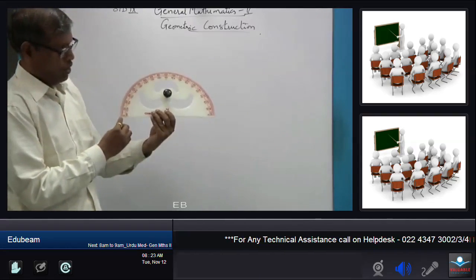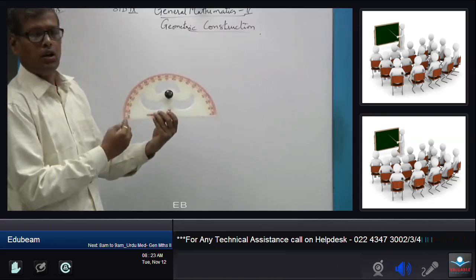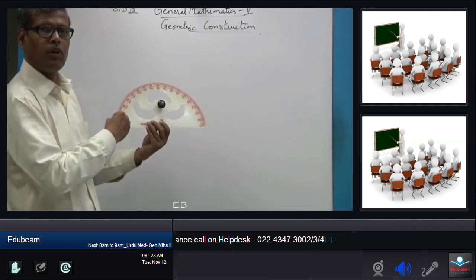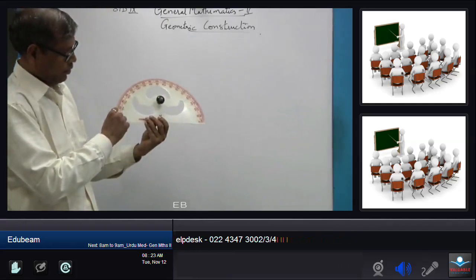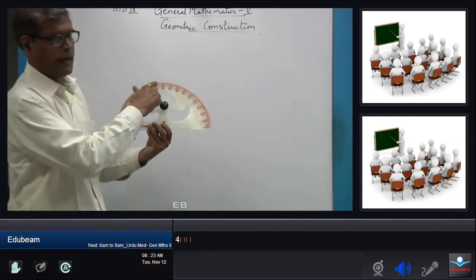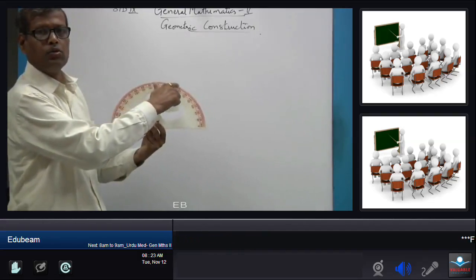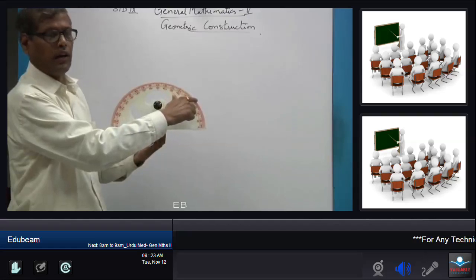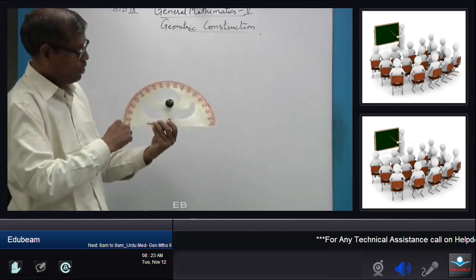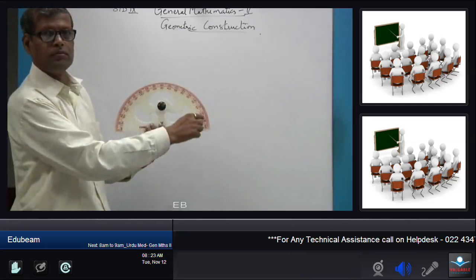On the right, you have the numbers going on from 0, 10, 20, 30, 40, 50. It goes up to 90 and then it goes to 100, 110, 120, up to 180. So it goes from 0 to 10, 20, 30 and so on.